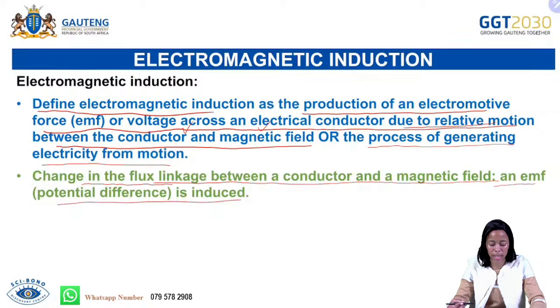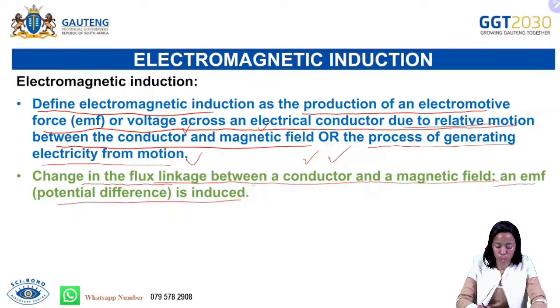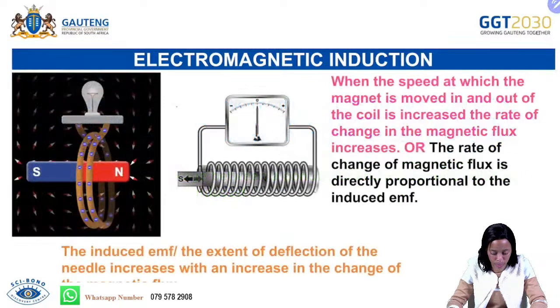So it's basically the same thing to say that as we change the flux linkage, or the number of magnetic field lines that are passing through a wire, we are going to be inducing or producing an EMF or current as well.